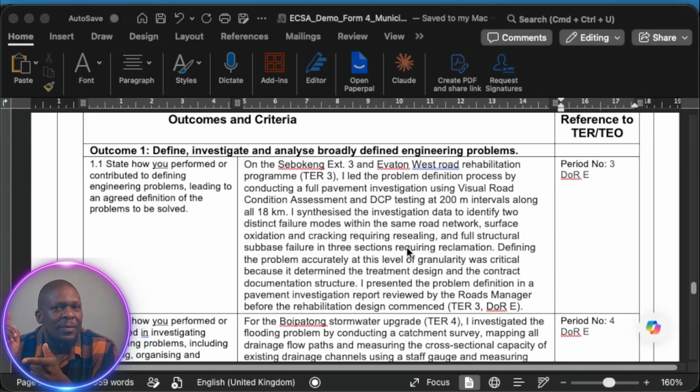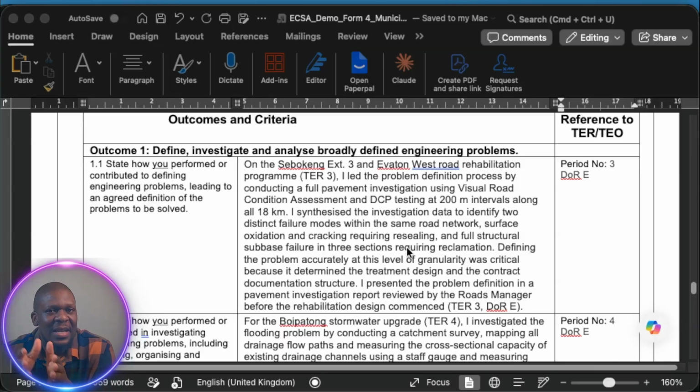In terms of cracking, what kind of cracking am I seeing, and what kind of reseal is required? In terms of full structural base, what kind of failure am I seeing? What kind of solution am I going to propose? So you are explaining what you saw during your investigation and how it informed you in developing a solution.